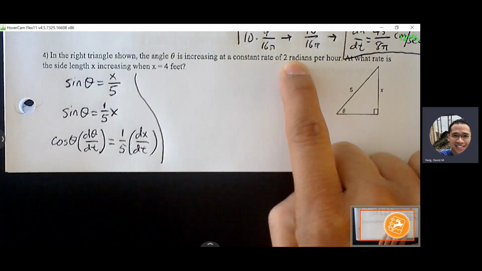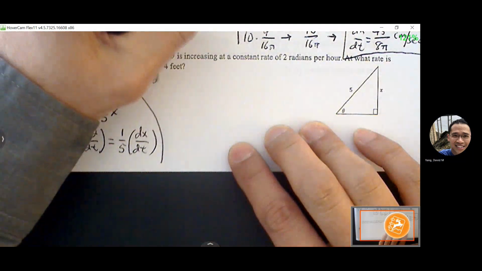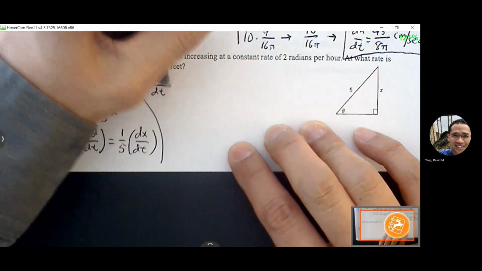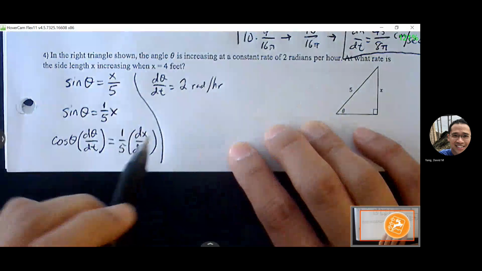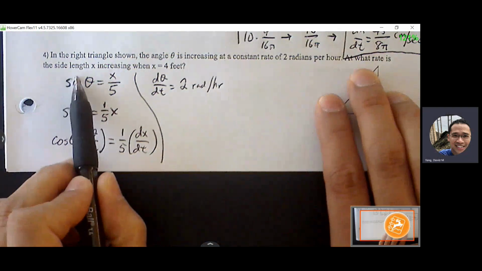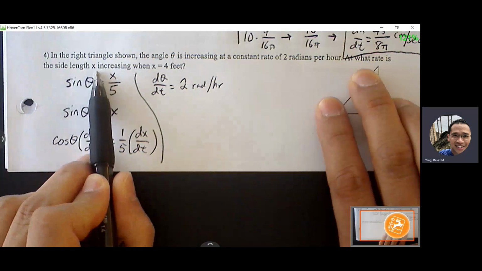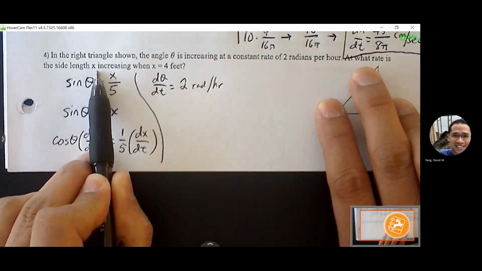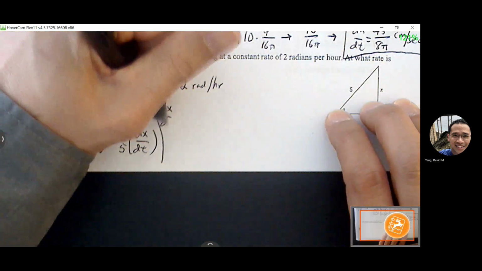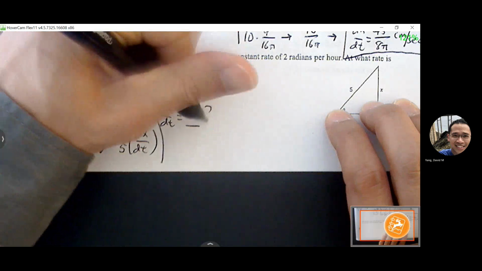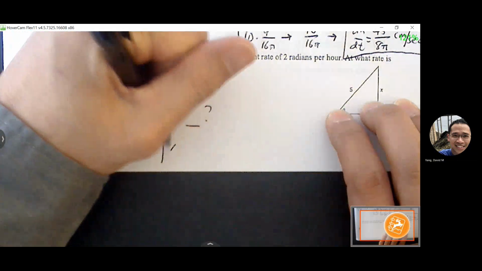Positive because it's increasing. At what rate is the side length x increasing? What are we looking for? dx dt. When x is 4 feet.